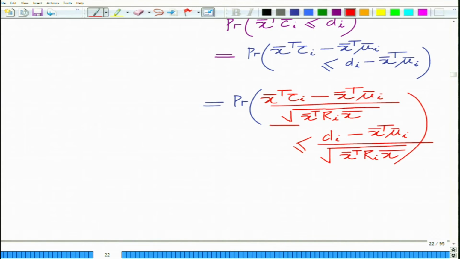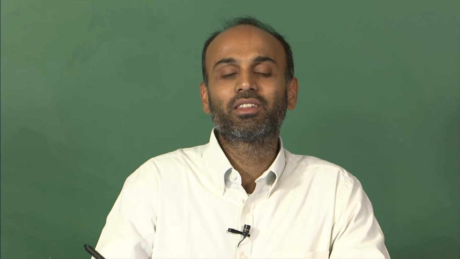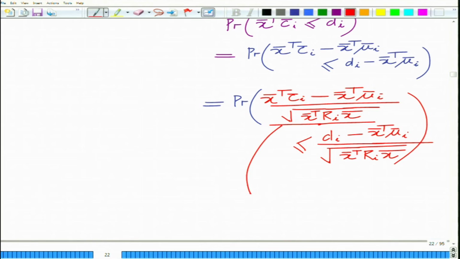And now, if you look at this quantity, from a Gaussian random variable, we have subtracted the mean and divided by the standard deviation. So, that gives us a zero mean unit variance Gaussian random variable, which is nothing but the standard normal random variable.